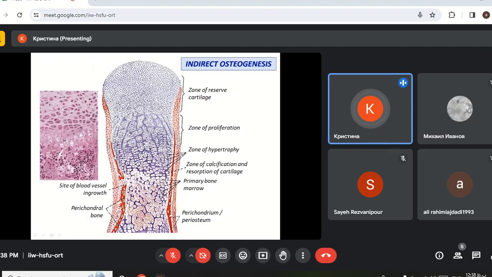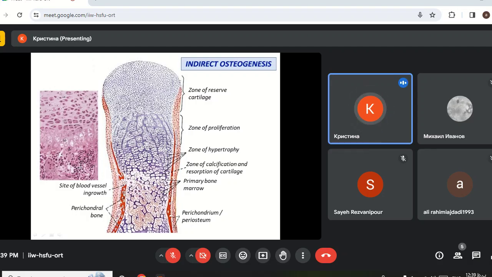So in the area where we have the bone collar, the outer covering will be called periosteum. In the region where we have no bone collar, no bone tissue, just the cartilage tissue, this covering will be called perichondrium.